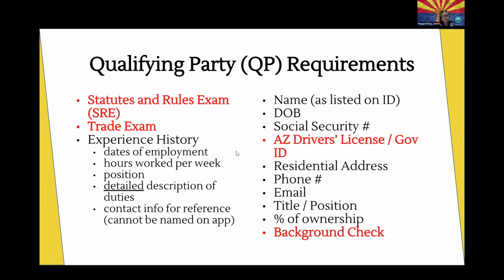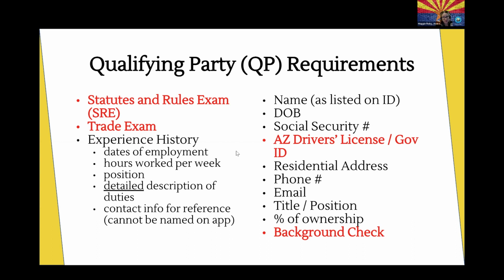We do not pre-approve experience, so we will go over the license classification requirements. There is a license classification requirements document that will advise you on which classifications require which exams and how much experience, as that can vary. Some other identifiable information we will need for your qualifying party: date of birth, social security.